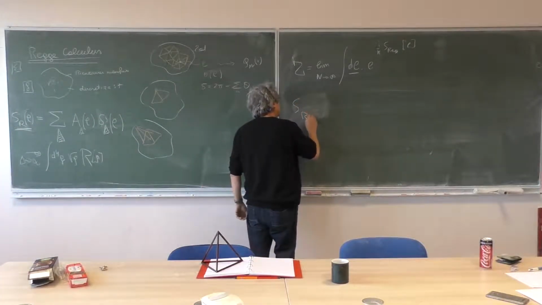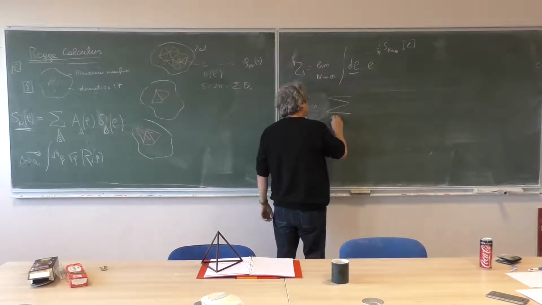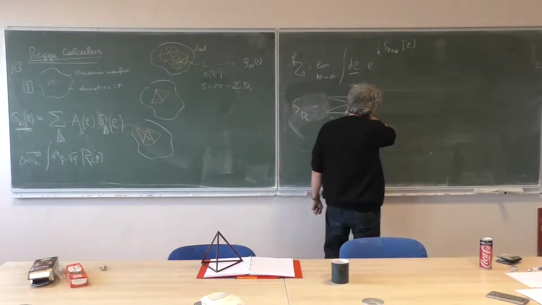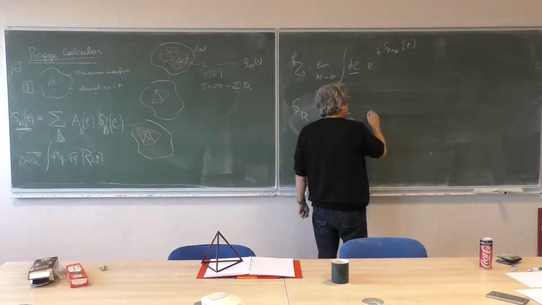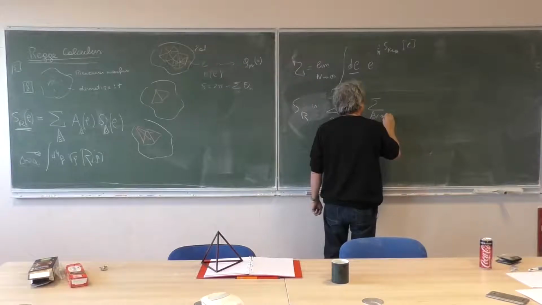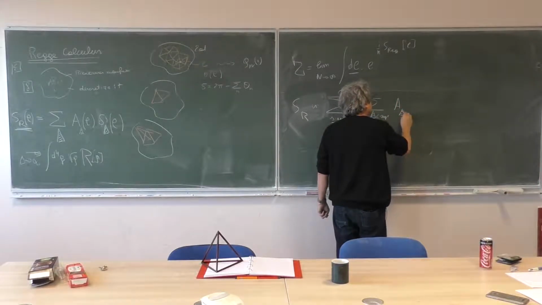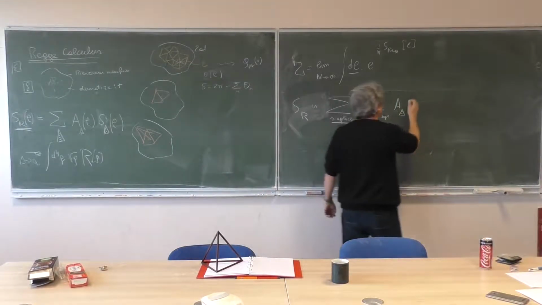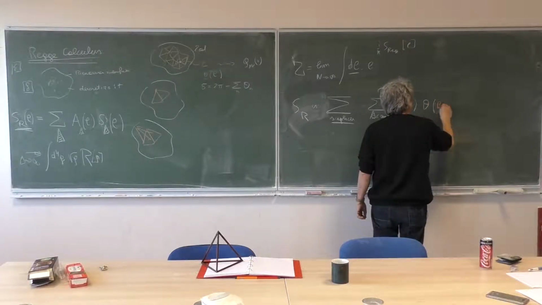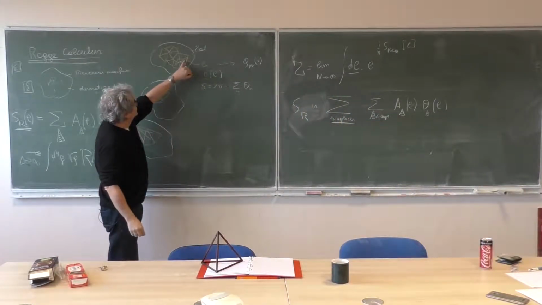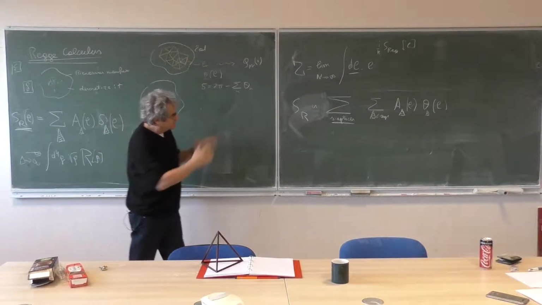So the Regge action can also be written as a sum over the simplices of the sum on the triangles in the simplices of the area of the triangle times this angle theta, which is a function of the L. These thetas depend on the simplices and on the triangle. Okay.